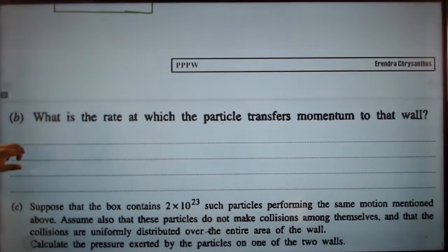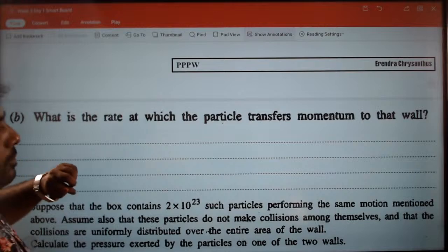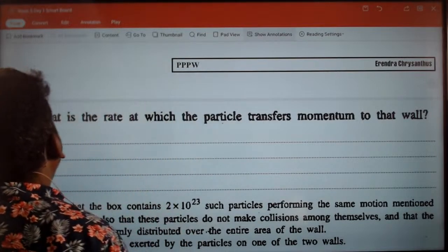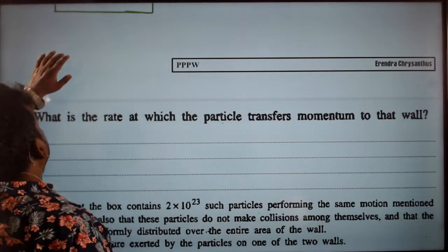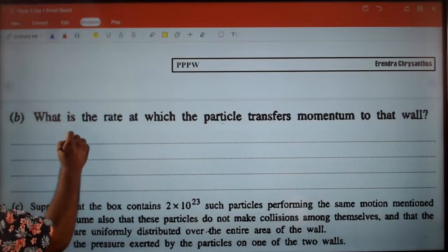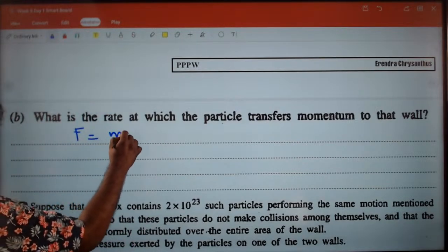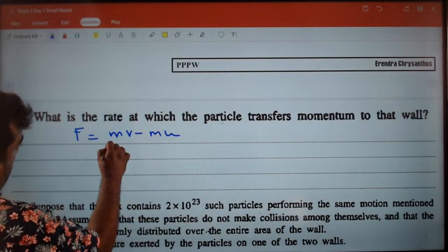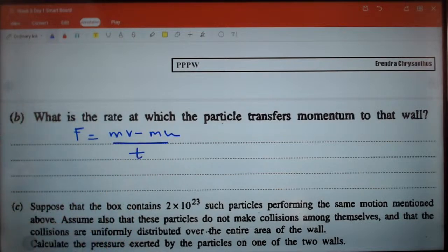What is the rate at which the particle transfers momentum to the wall? F is equal to (mv minus mu) divided by t. Momentum change, don't forget.